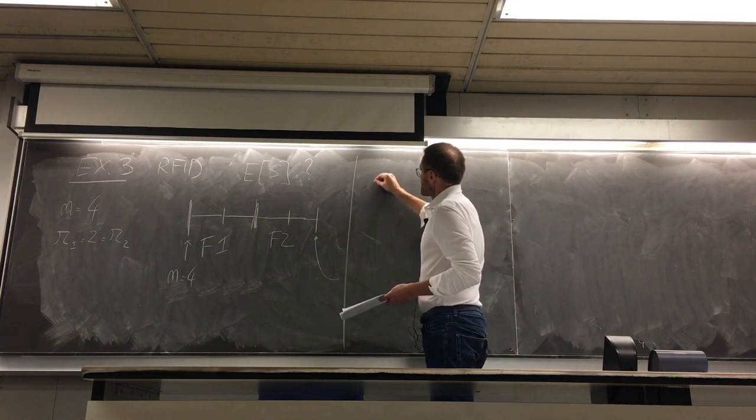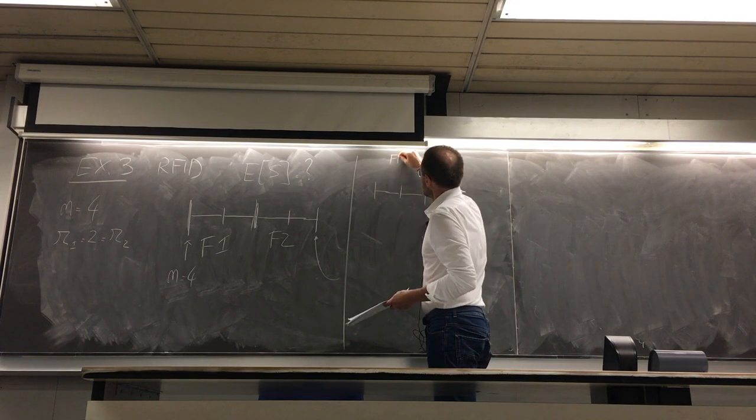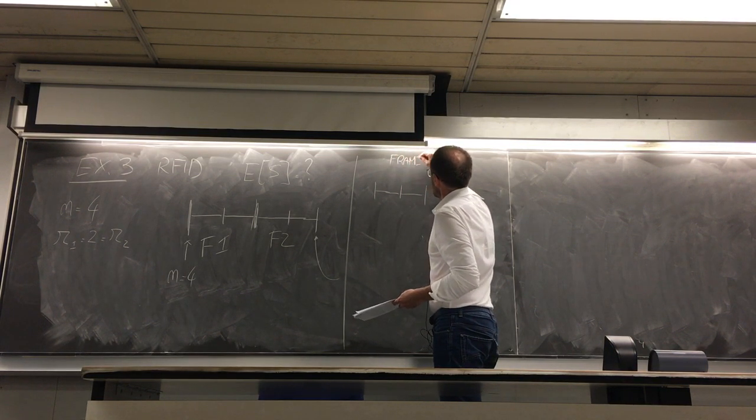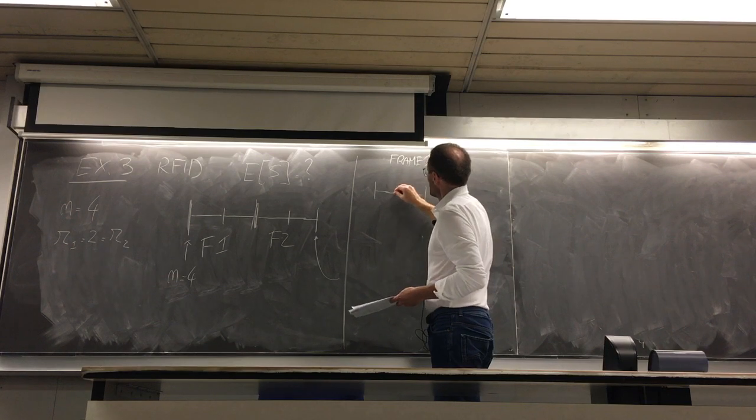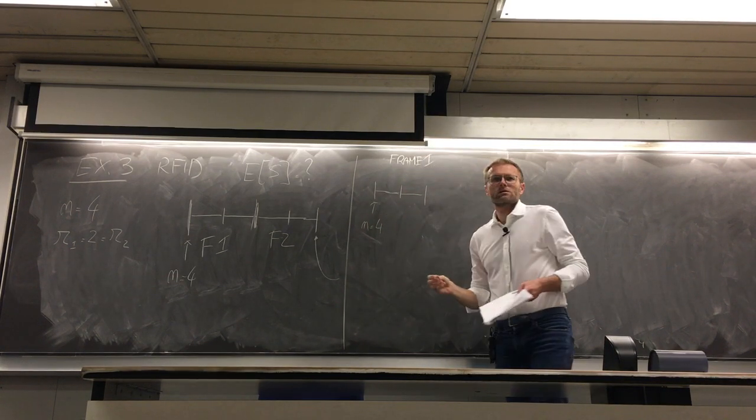At the very beginning of the first frame, I have these 4 tags, that's frame 1, n equal to 4 and 2 slots.